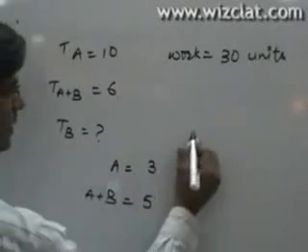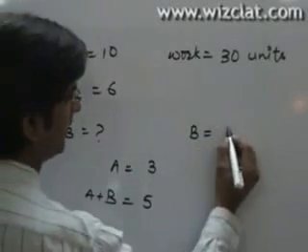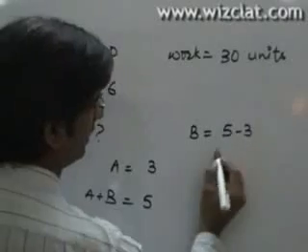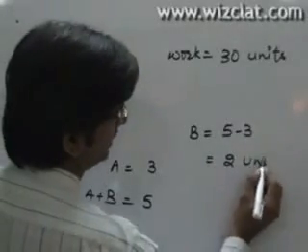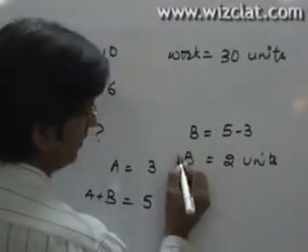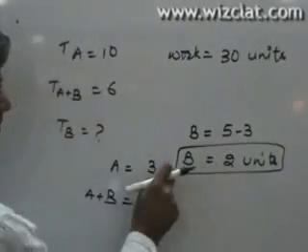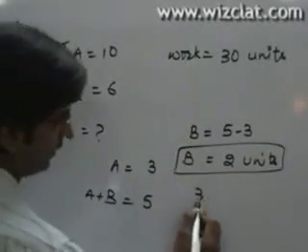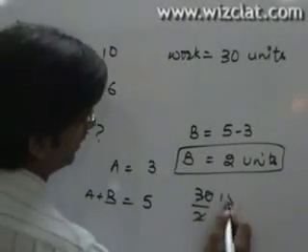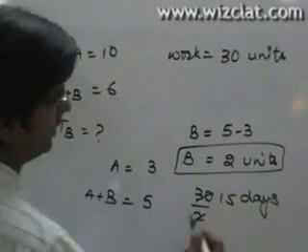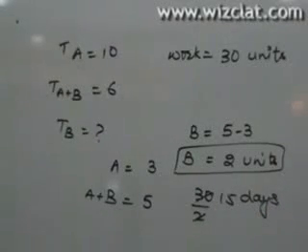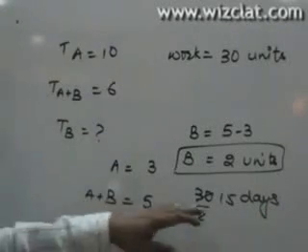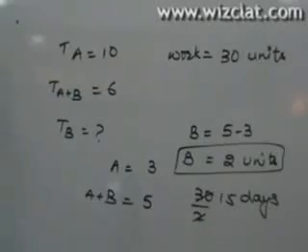Therefore 1 day work of B is 5 minus 3, that is 2 units. So 2 units is done by B in 1 day, therefore 30 units will be done by him in 15 days.